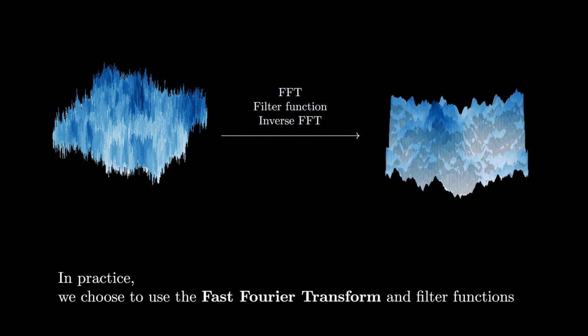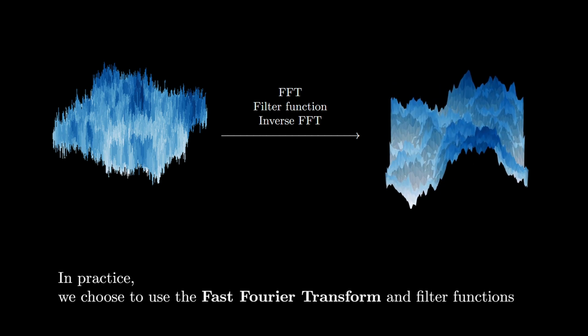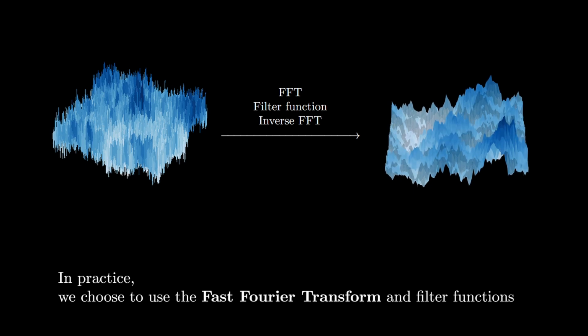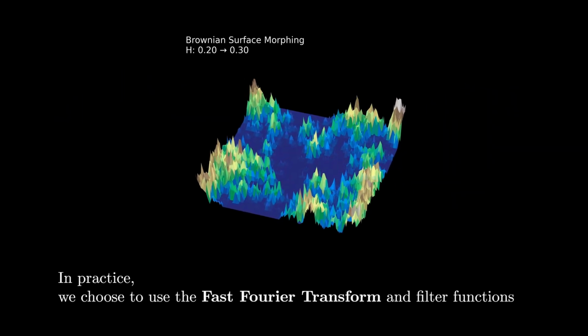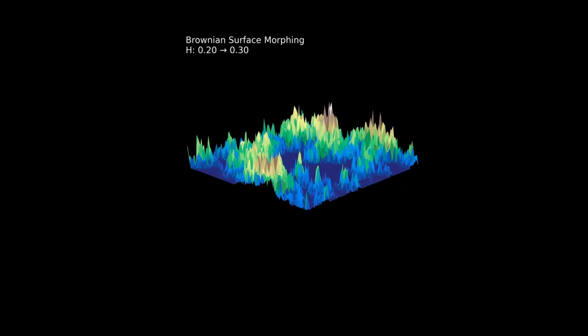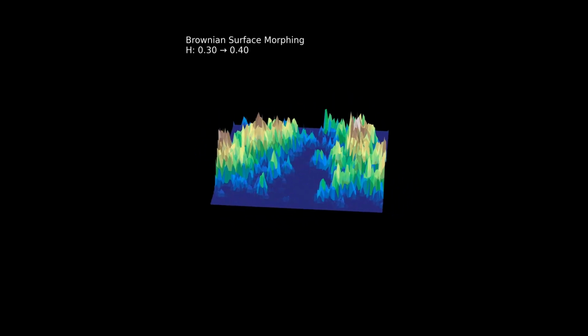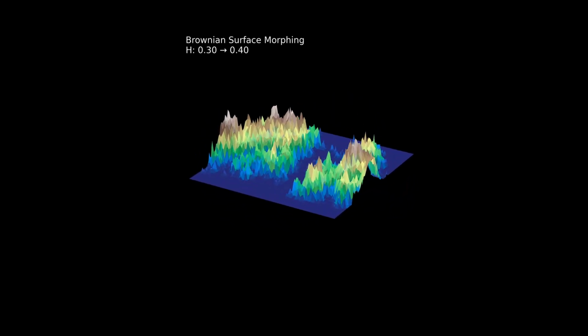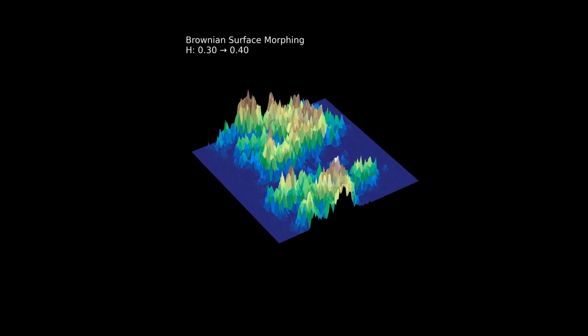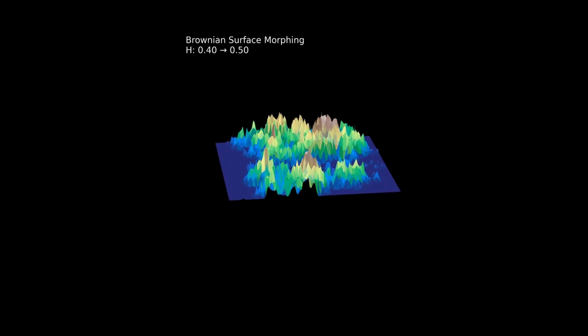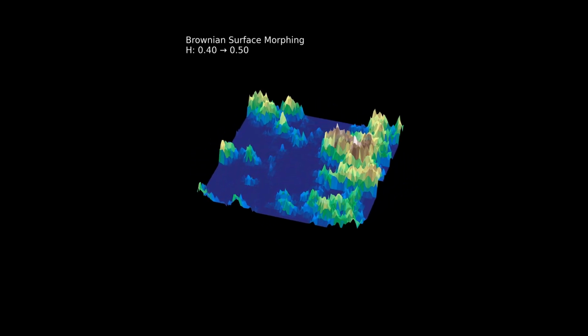With the underlying process understood, we can now explore how the Hurst parameter affects the landscapes. As the Hurst parameter grows, the long-term dependence of the surface increases. In other words, the surface gets smoother because the different points are more dependent on each other.